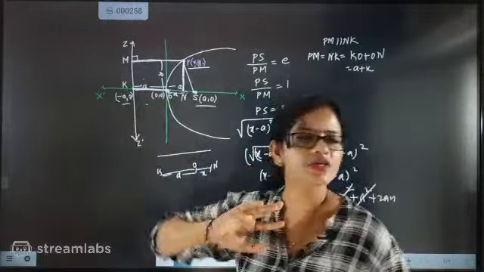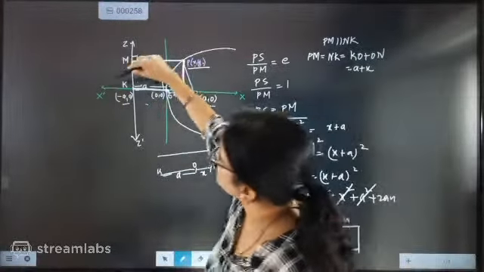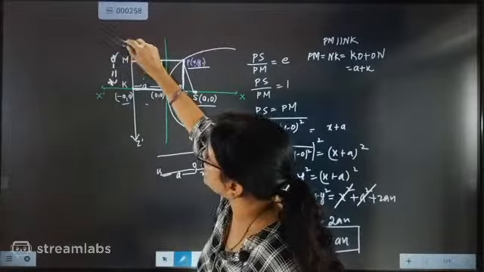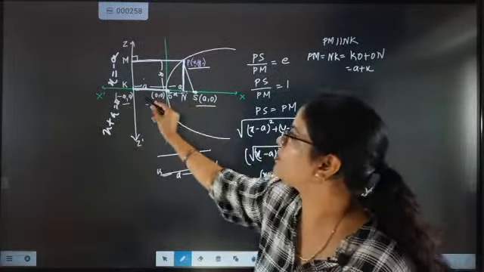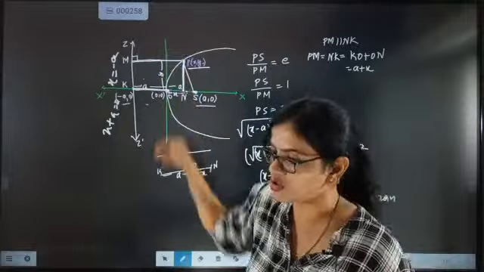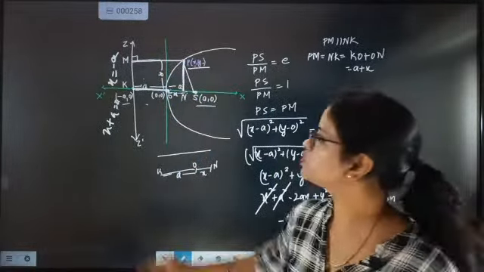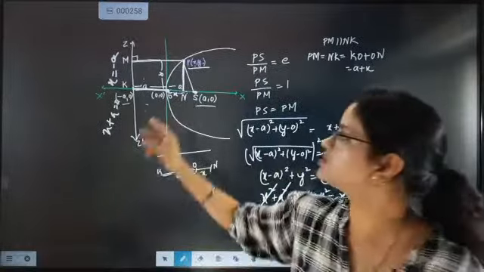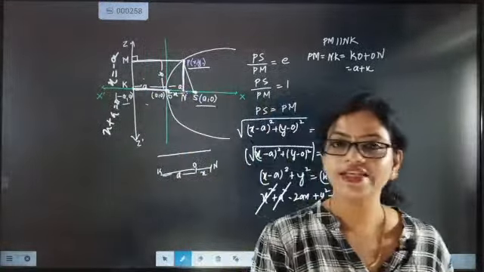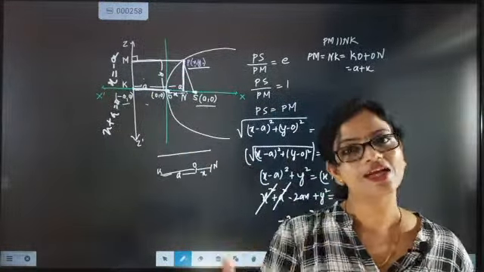What will be the directrix equation here? The directrix equation here will be x equal to minus 1, that is x plus 1 equal to 0. If you don't want to go by this one, you can go by this line also, because the line is exactly parallel to the y-axis, so the x value is coming as minus 1.